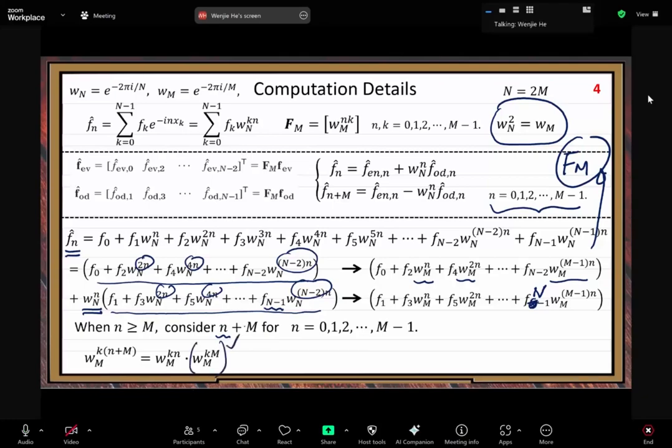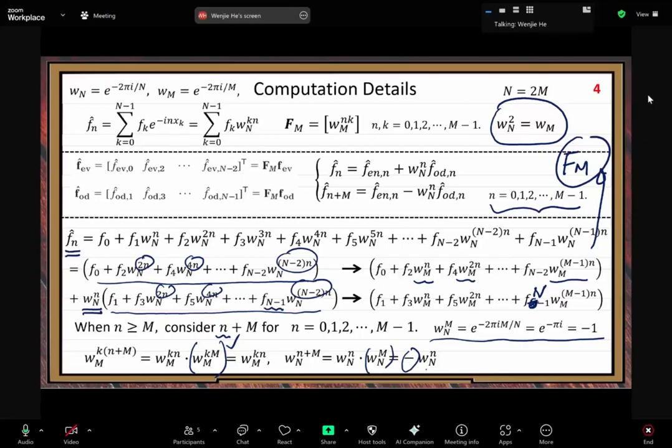But this number is -1. Look at this number: e to the negative pi i, that's -1. That's why when we calculate that, we only need to change the sign. So for the second half, we do not need to do another round.